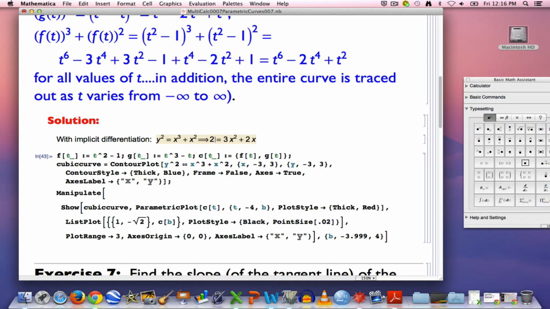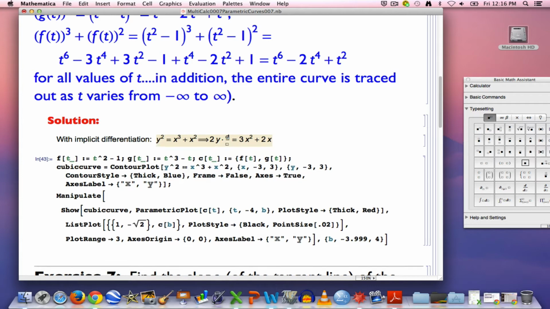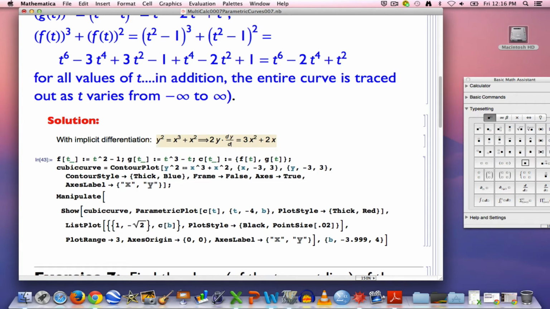You bring the 2 down in front, and you multiply times the y, which is the h of x. And then, by the chain rule, you multiply times the derivative of the inside function, the h of x, in this case the y, with respect to x. Its derivative you can write as dy dx. Then you just solve this equation for dy dx.